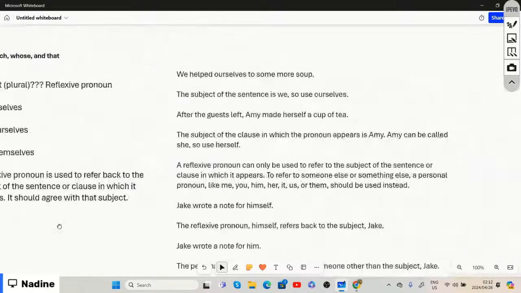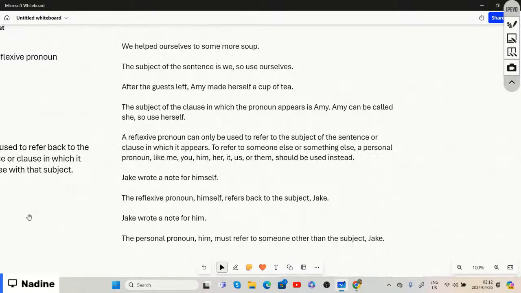All right. So, a few examples, right? A few examples of reflexive pronouns. We can say, we helped ourselves to some soup.